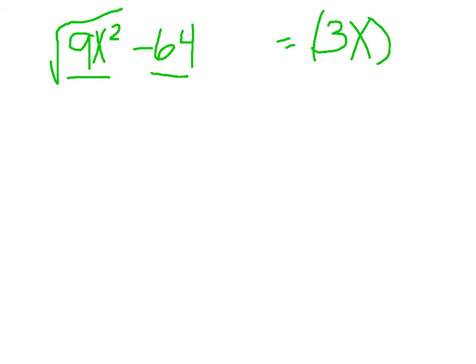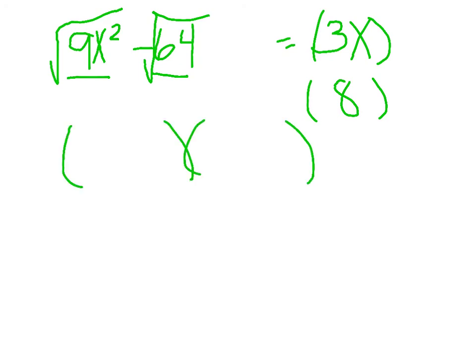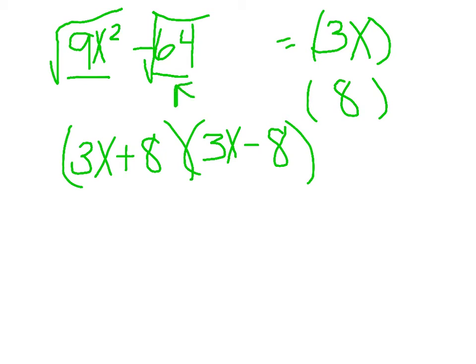We need to take a square root of the second term. Square root of 64 is 8. And when we put them inside our two parentheses, we'll have 3x plus 8, and the exact same thing, 3x, except with a minus sign. And that is our factor of two squares.